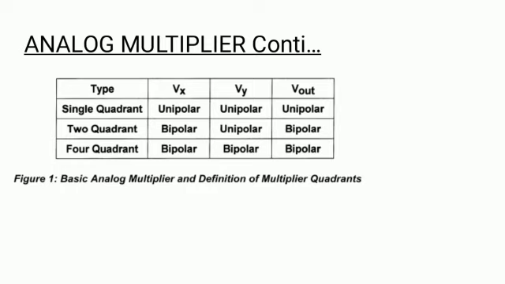Two quadrant multipliers are those where one of the input signals has to be unipolar, the other one can be bipolar, and the output is therefore bipolar. And four quadrant multipliers are those in which both input signals can be bipolar and the output is also a bipolar signal. This is the most flexible type of analog multiplier.